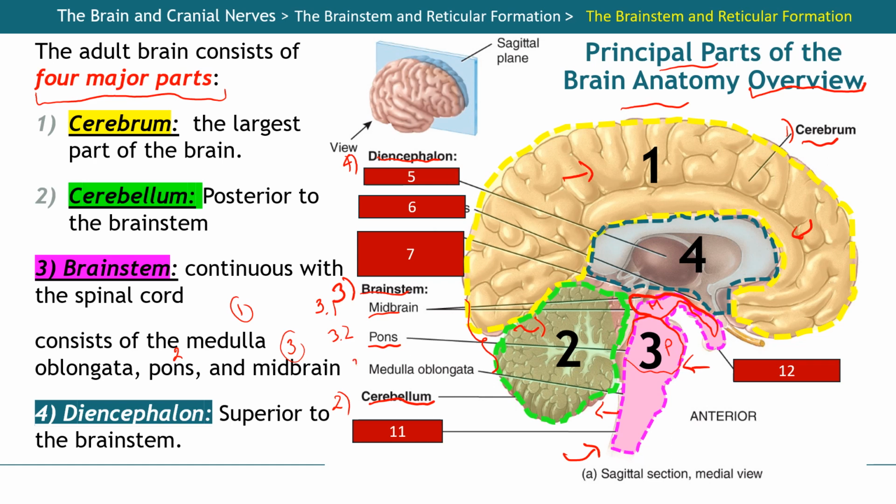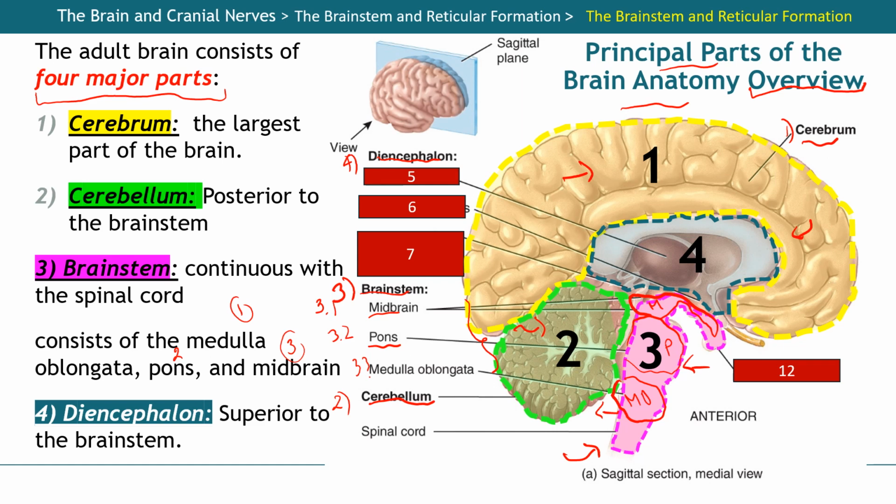And finally, 3.3 is the medulla oblongata, that will be all this area. Okay, so here medulla oblongata, or medulla, and of course the spinal cord that is coming from there. Finally, the diencephalon, if you remember.